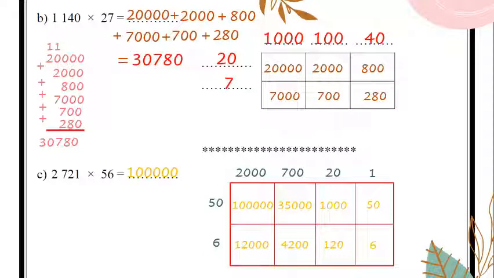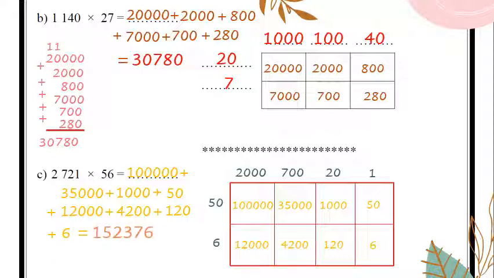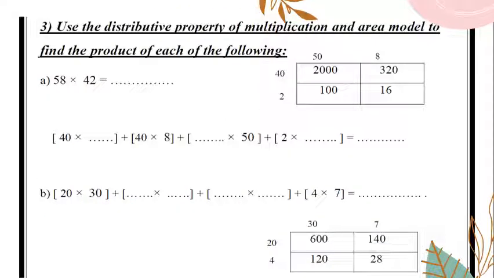Then let's add all these numbers: 100,000 plus 35,000 plus 1,000 plus 50 plus 12,000 plus 4,200 plus 120 plus 6. If you make it in a draft, it will be 152,376.